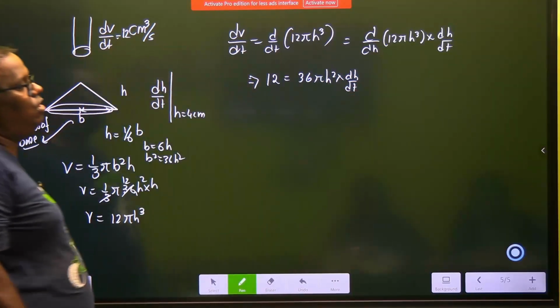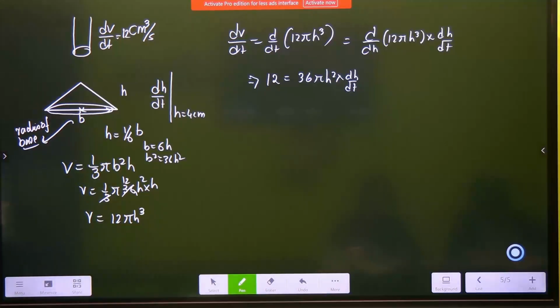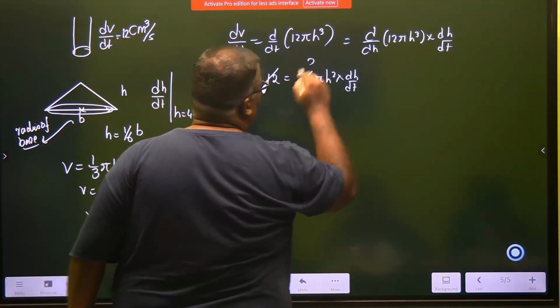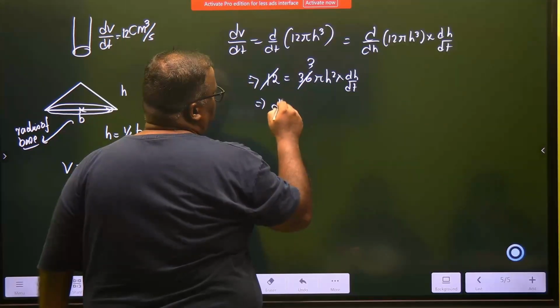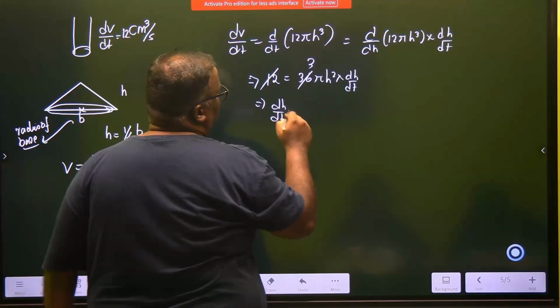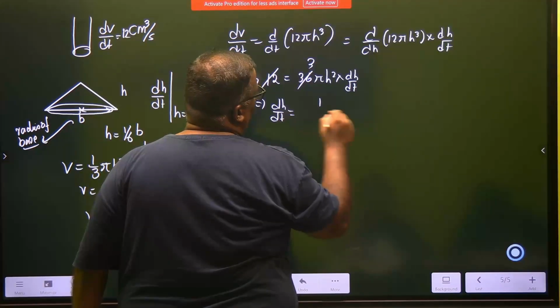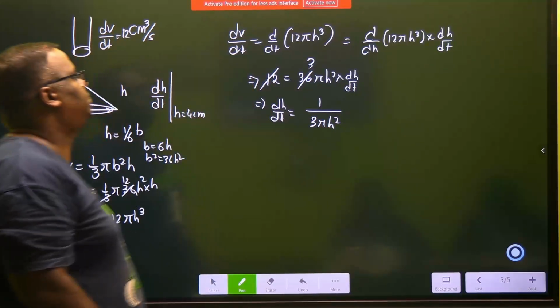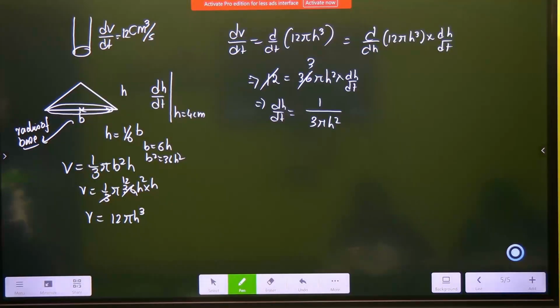Do you agree or not? 12 takes away 36 as 3, which means dh/dt should be equal to 1/(3 pi h square). Just see this: 1/(3 pi h square) dh/dt.